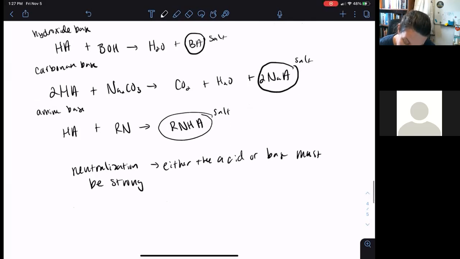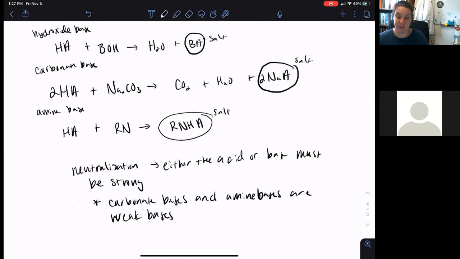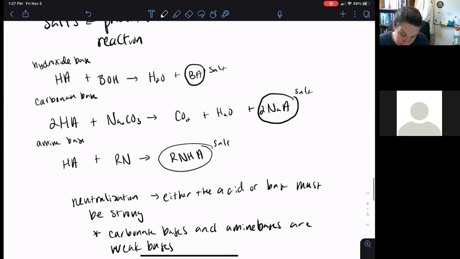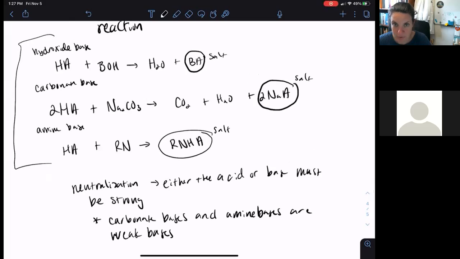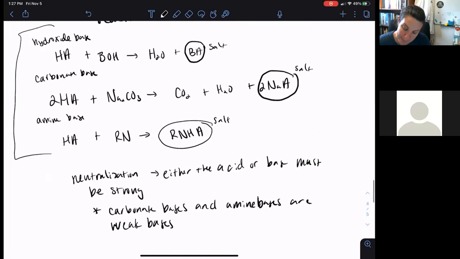But another note, carbonate bases and amine bases are weak bases. So if we do a neutralization reaction with either one of these, we have to have a strong acid. So with all of these neutralization reactions, we see that we have one-way arrows. We will not have equilibriums with these neutralization reactions.